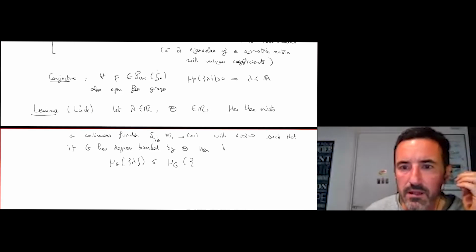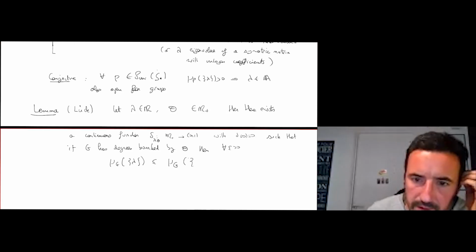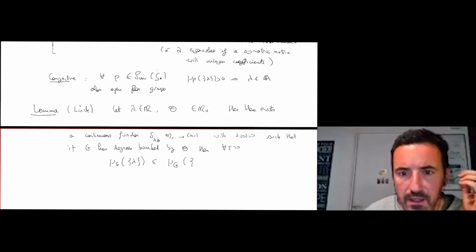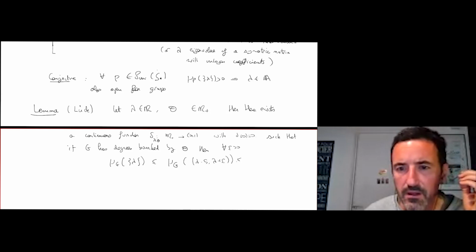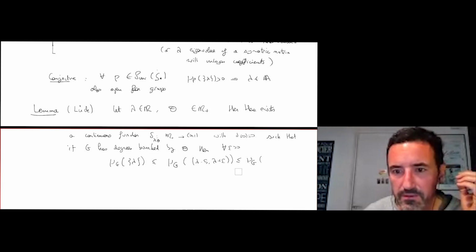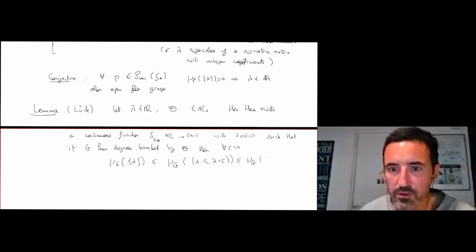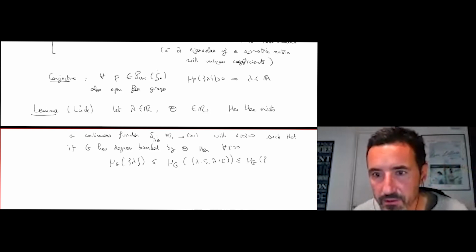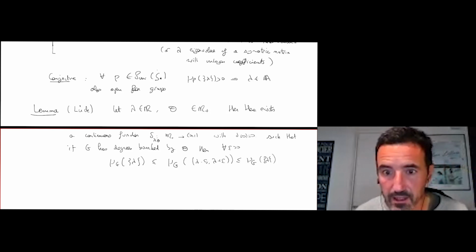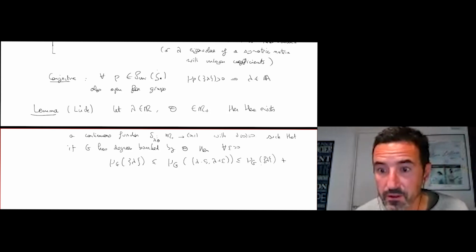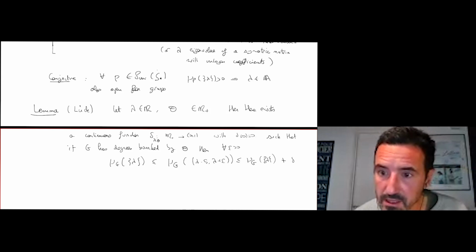Then for any epsilon, this will be more properly stated: the number of eigenvalues in the open interval (lambda minus epsilon, lambda plus epsilon) is at most the value of the atom at lambda plus delta of epsilon. This is a part of the lemma. You can bound the number of eigenvalues in the interval by the value of the atom.